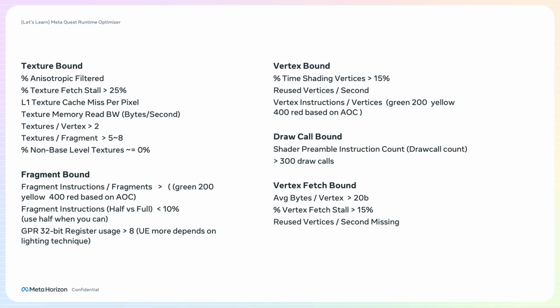And these are the formulas based on best practices that we've acquired and talked about with all of our first party studios and developer relations people. So we're looking at texture boundness, fragment boundness, vertex boundness, draw call boundness, and vertex fetch boundness. These are the main areas of the GPU render pipeline that we think you'll be able to action upon, and we'll warn you about these potential bottlenecks that we might be finding in your game.